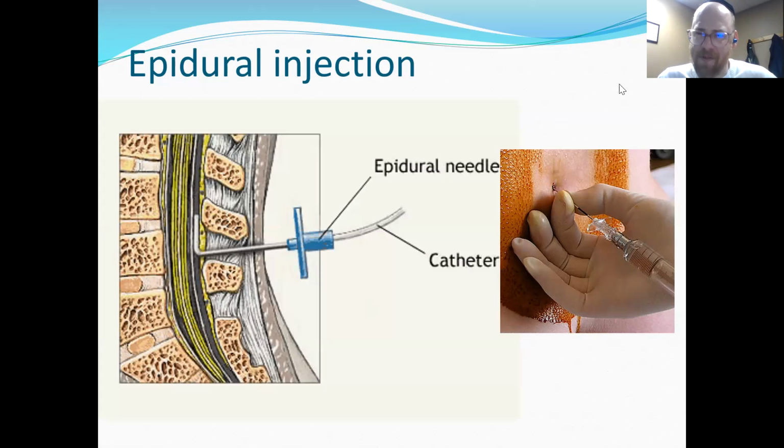I posed the question in class, what would be the issue if the physician performing this procedure went a little bit too far lateral and inadvertently injected the medication onto a nerve root and not into the spinal cord? You can see here how the needle is positioned to inject medication directly onto the spinal cord.